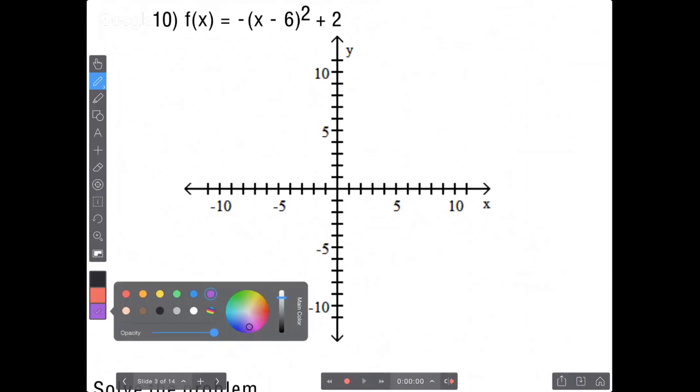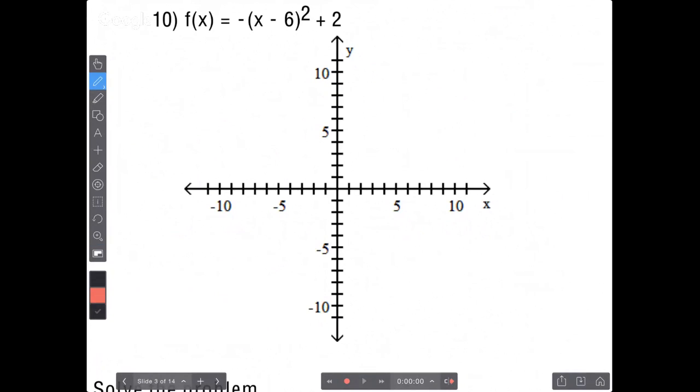So I'm going to start with the most basic function. The basic, or parent, function would be y equals x squared.